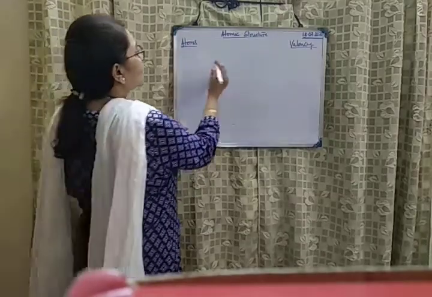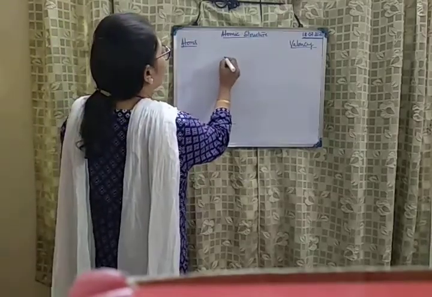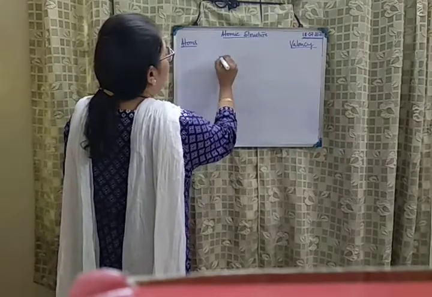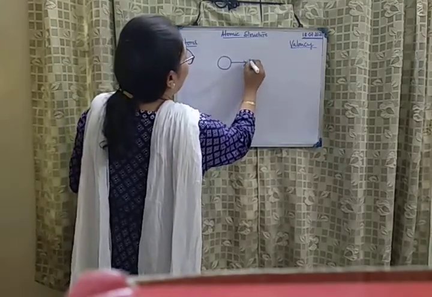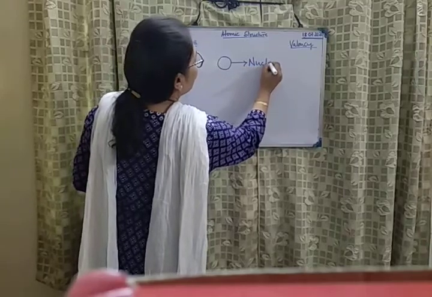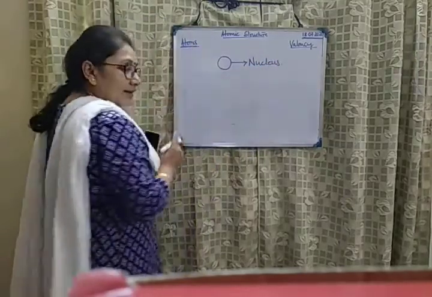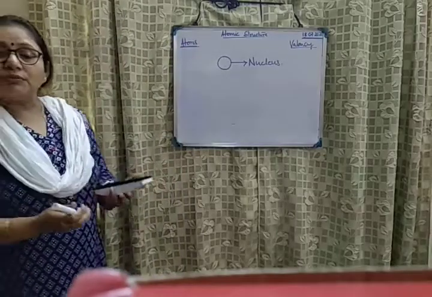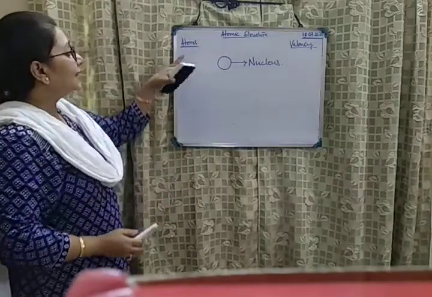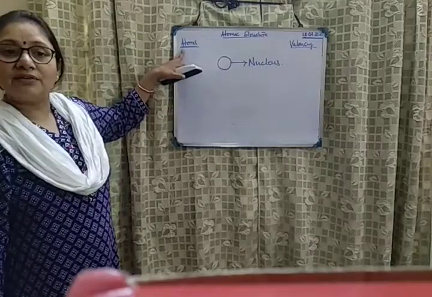To find out the structure of an atom, in the center of an atom we have a part which we call the nucleus. Dalton, after a lot of research, came to the conclusion that atoms cannot be further divided.